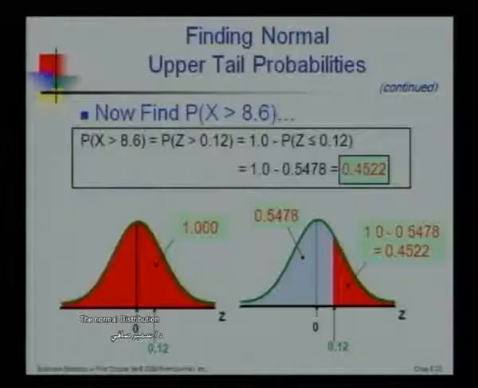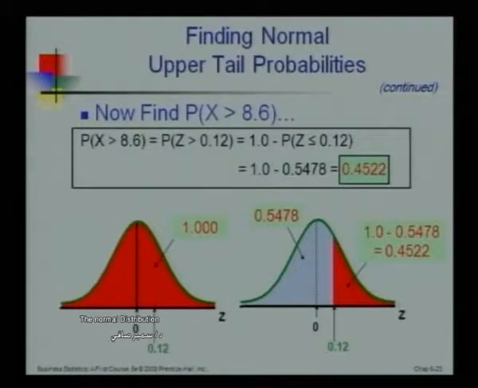For 8.6, we got the z-score to be 0.12. So the probability of z greater than 0.12 is the same as 1 minus the probability of z smaller than 0.12. So 1 minus the answer we just got from part A will get this result. So this is the probability of x greater than 8.6.